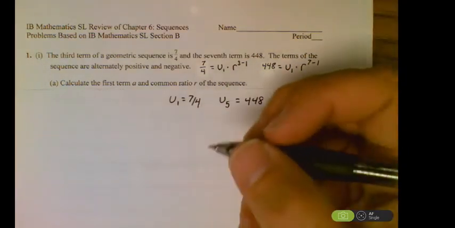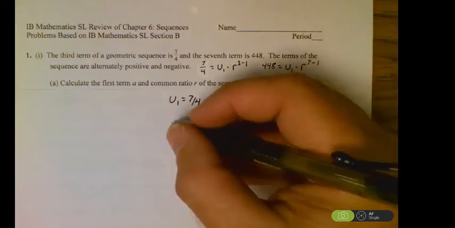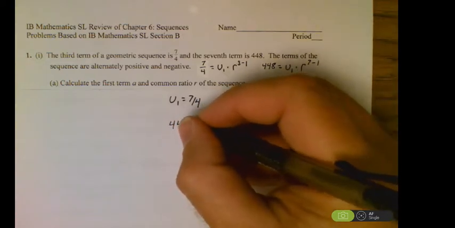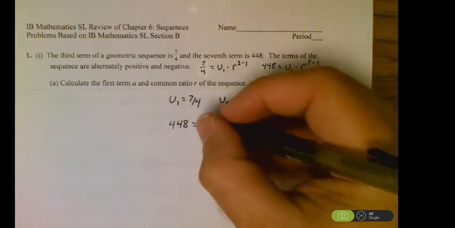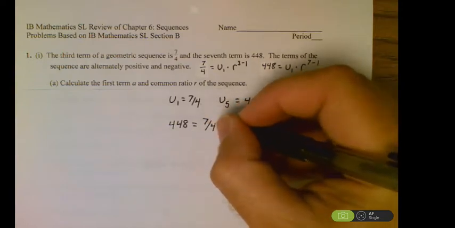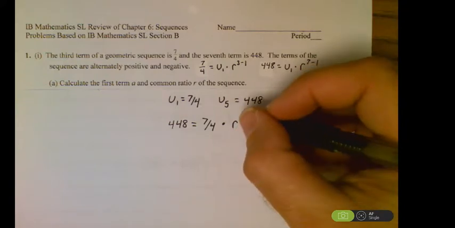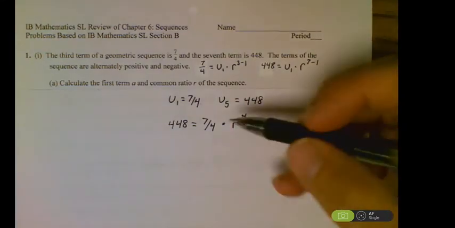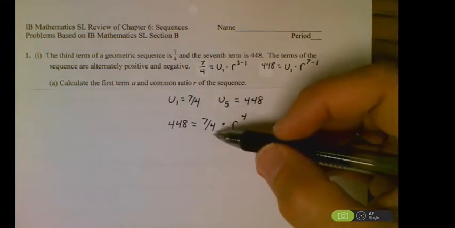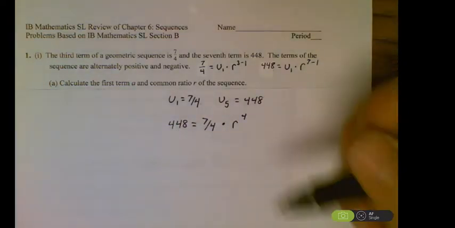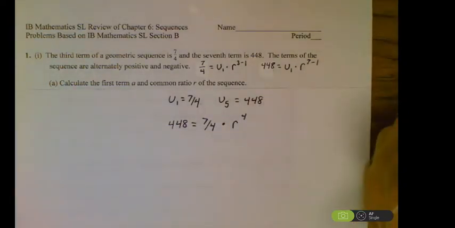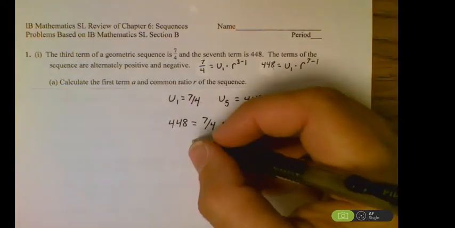So now I'm going to say, okay, the fifth term, so 4/48, is equal to my first term times the common ratio to the n minus 1. In this case, it's 5 minus 1, so r to the fourth. Now I can just multiply by 4/7 over to here, and then take the fourth root of that number to get my common ratio.